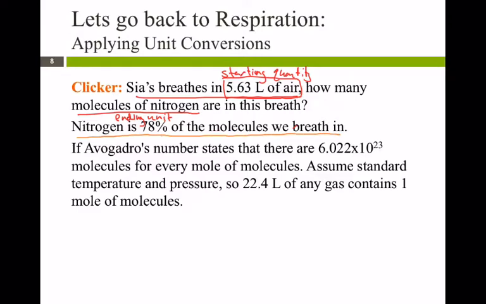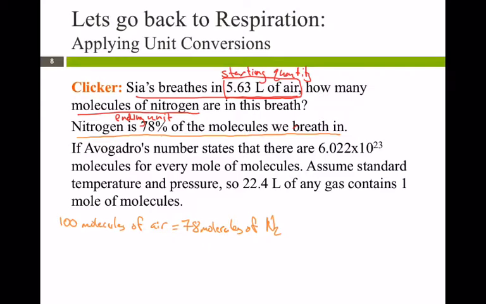If I were to write this out, I would write that if we have 100 molecules of air, that is equal to 78 molecules of N2. We're not saying that it's all of them, but 78 out of every 100 molecules of air are nitrogen. We can make a conversion factor out of that like we've done before.